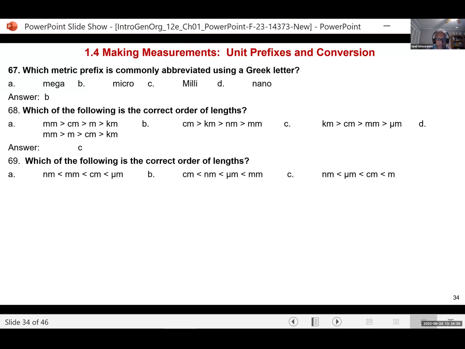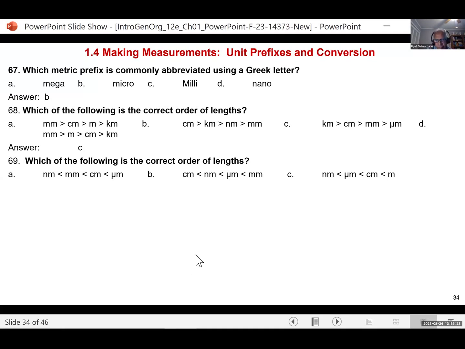Now, these are in the problem 68. They were decreasing masses. In here, these are increasing masses.